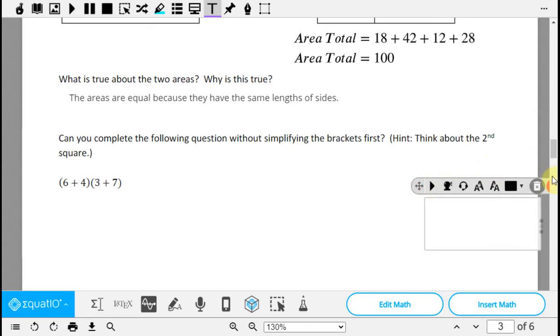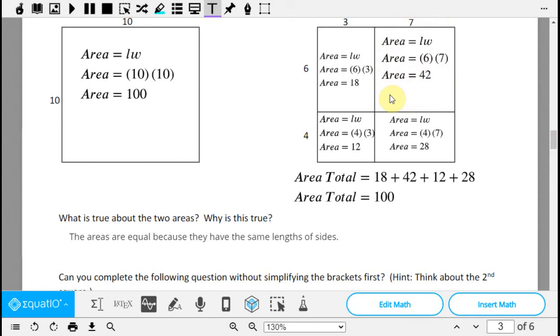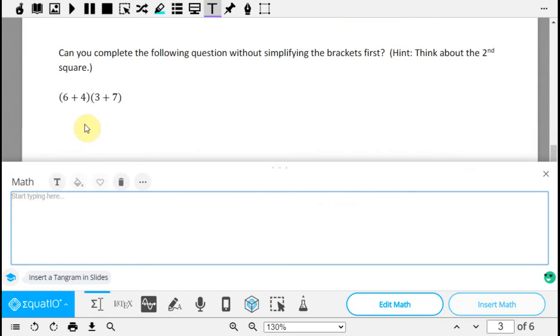And the clue is looking at what happened inside of this square when we broke it into parts. What we can do is think about 6 times 3, 6 times 7, which is distribution, and then 4 times 3 and 4 times 7, which is similar to what happened up in this square.